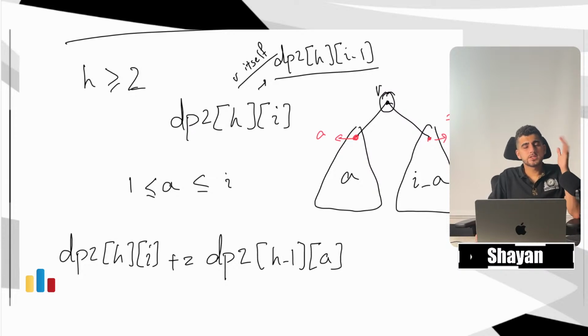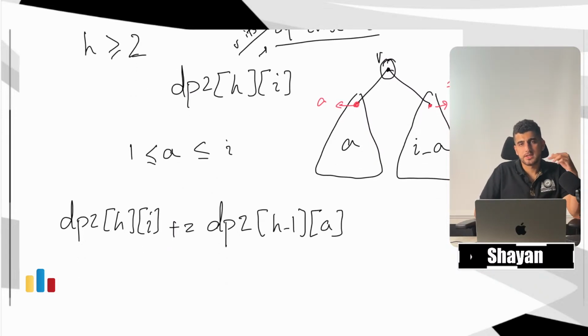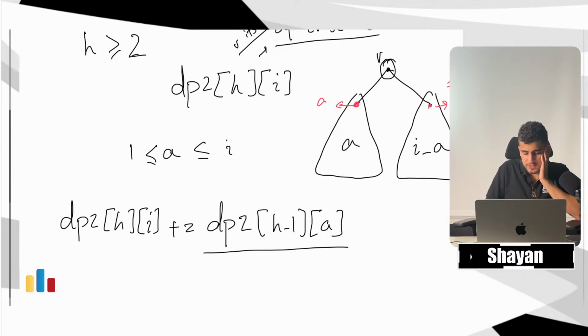This can also be solved using combinations, but I'm just trying to explain with dp. With dp it can be easily calculated, so there's no need to calculate any formulas. So I will add dp2 of h minus 1 and a, multiplied by dp2 of h minus 1 and i minus a, or b.